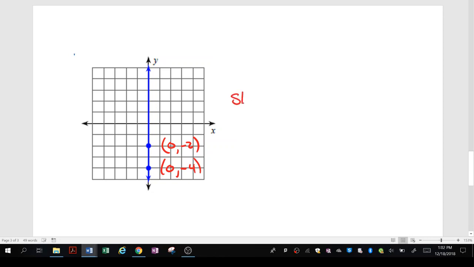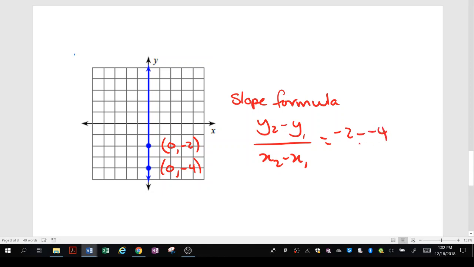So if we were to use the slope formula, y2 minus y1 over x2 minus x1, here our y values are negative 2 minus negative 4, but our x values are 0. And that gives us something divided by 0, which we know can't happen. So we say that that slope is undefined.